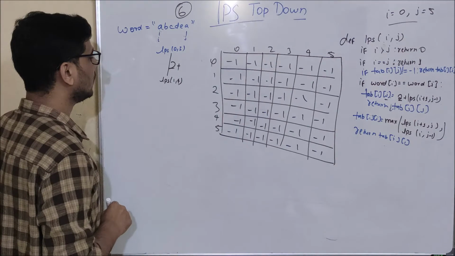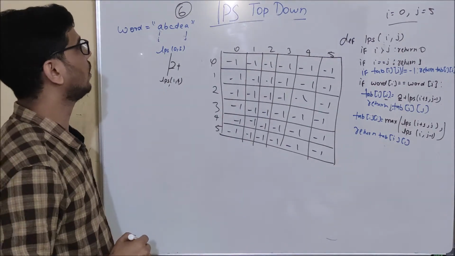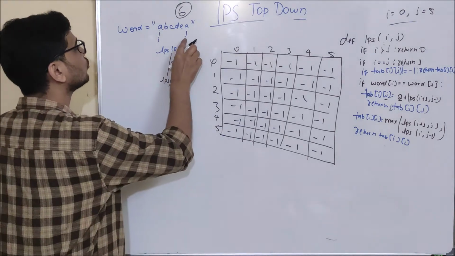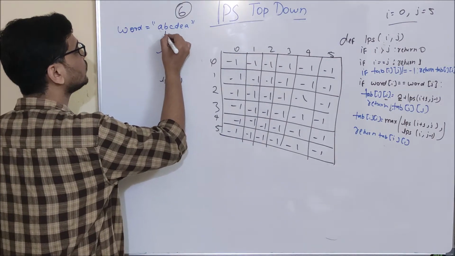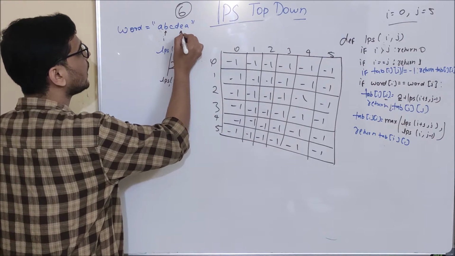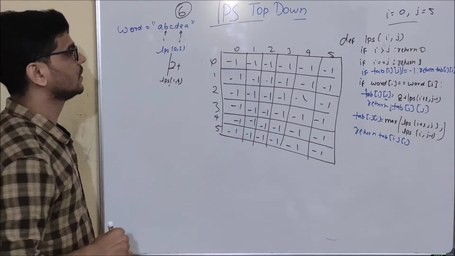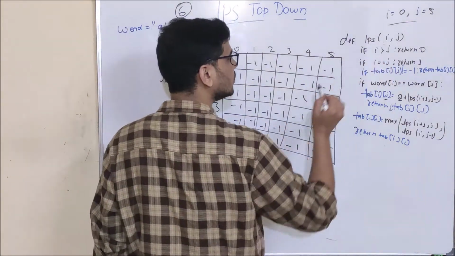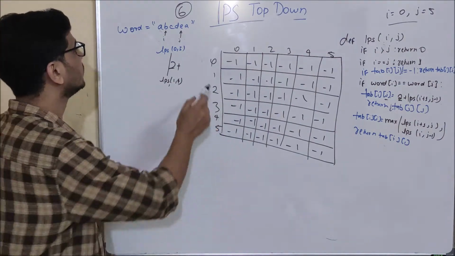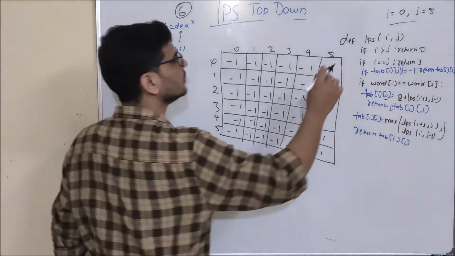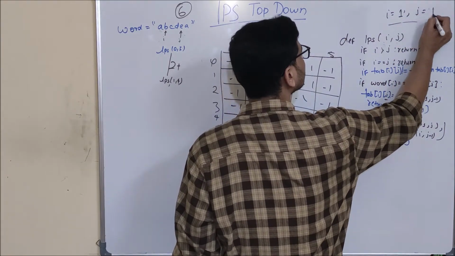Okay. Now LPS of 1 comma 4 will be called, and when it is called, our i will point to B and j will point to E. So again this if check will be false, as i is 1 and j is 4. i is smaller than j.